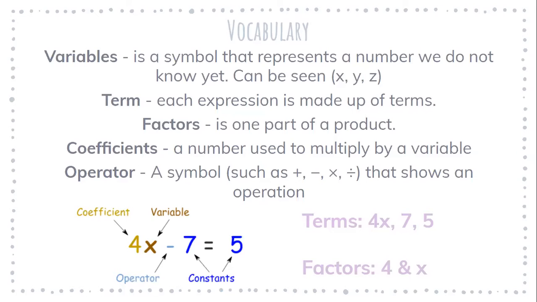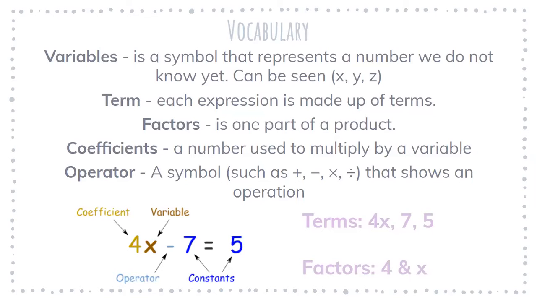Our next vocabulary review word is going to be term. Each expression is made up of terms. Shown on the bottom, we have terms as 4x, 7, and 5. So it's going to be all the numbers that were in the expression are considered terms. And then the next review is going to be factors, is one part of the product.